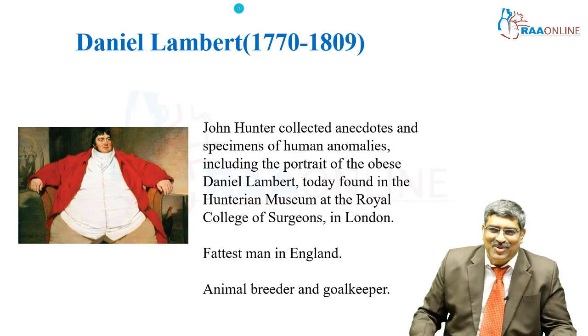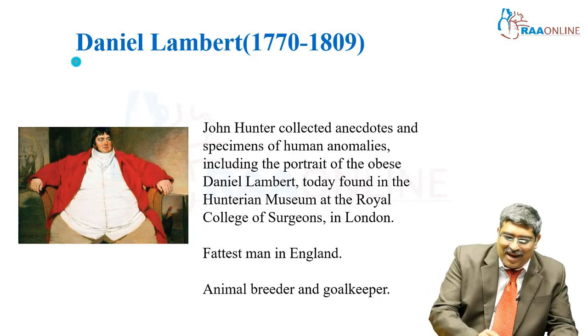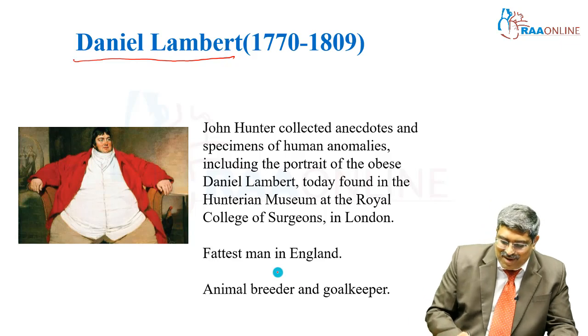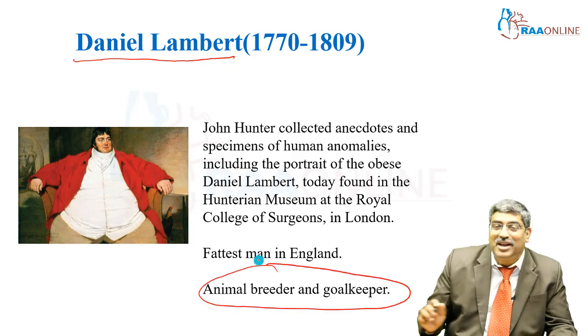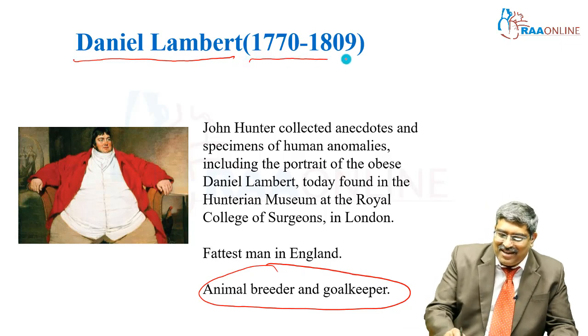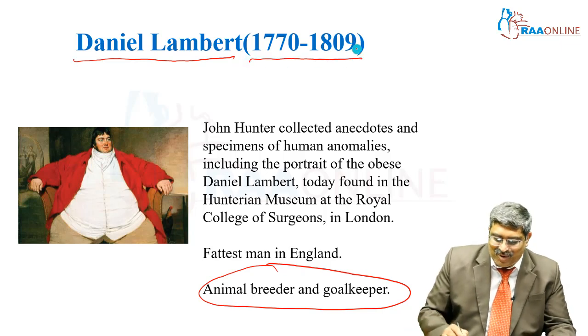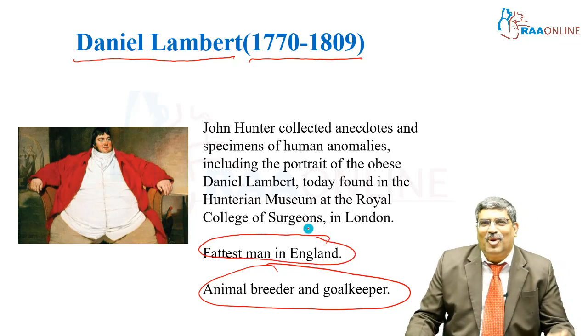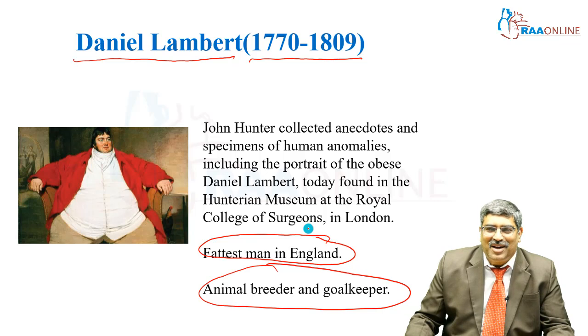Why do I say so? This is a portrait of a man called Daniel Lambert, who was an animal breeder and a goalkeeper for football. And during this time, 1770 to 1809, he was the fattest man in England. What is so specific about this man?